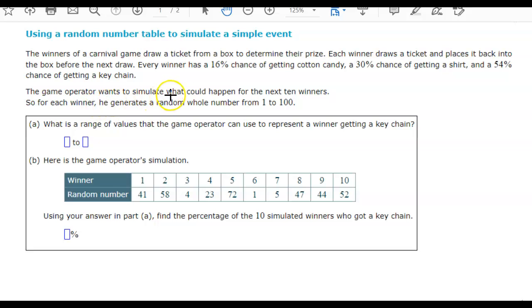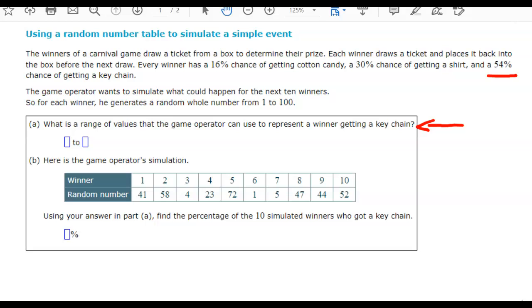The game operator wants to simulate what could happen for the next 10 winners. So for each winner, he generates a random number from 1 to 100. What is the range of values that the game operator can use to represent a winner getting a keychain? Okay, so 54% of the time, they're going to get a keychain.